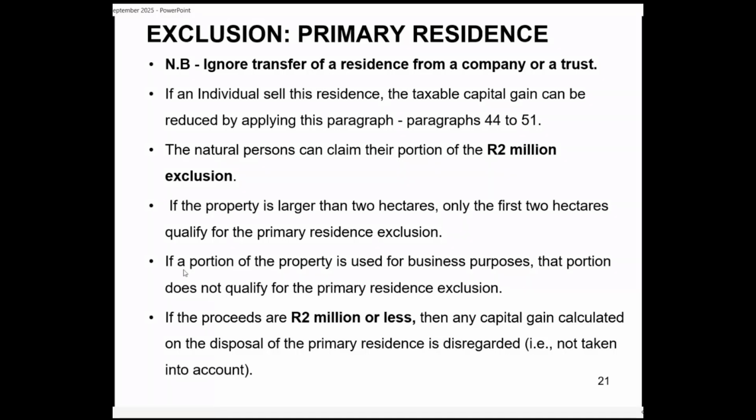If a portion of the property is used for business purposes, remember every time we have a portion in your primary residence that is used for business purposes, you'll qualify for the section 11A deduction. The proceeds, if 2 million or less, then capital gain will not be taken into account.